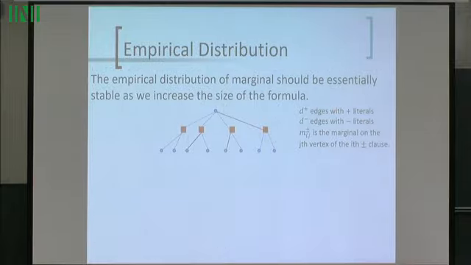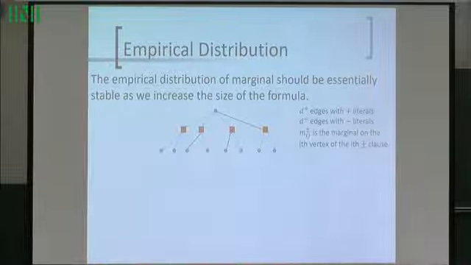Okay. So what is the distribution of the marginals? Well, we can heuristically work out what that should be. If we look at all the vertices in the graph, there's some empirical distribution over those marginals, and if you have n vertices and n plus 1 vertices, that shouldn't really be any different, and it shouldn't be different if you have 2n vertices either.